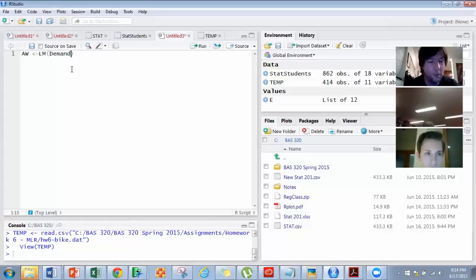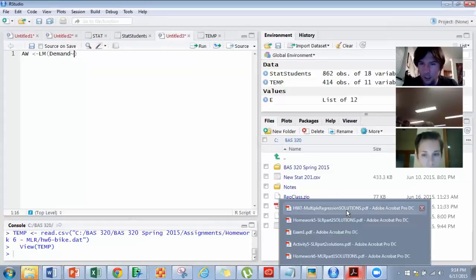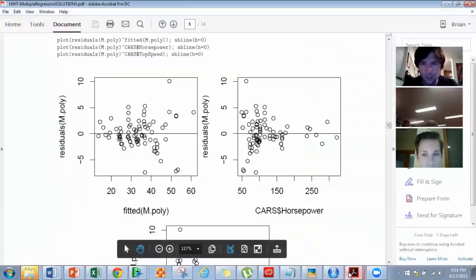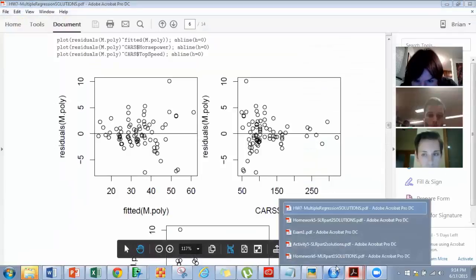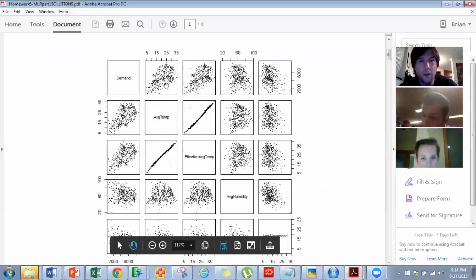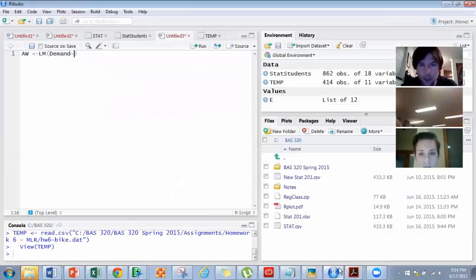And where did we see the effect? Here it is. We saw it between demand and average humidity, AVG humidity. Okay, that's how you spell it.